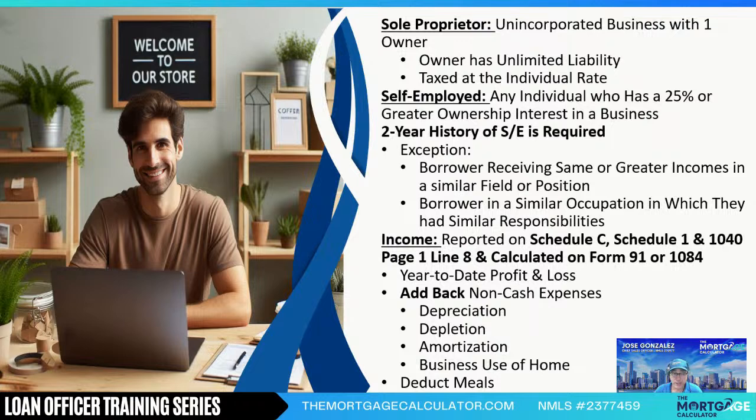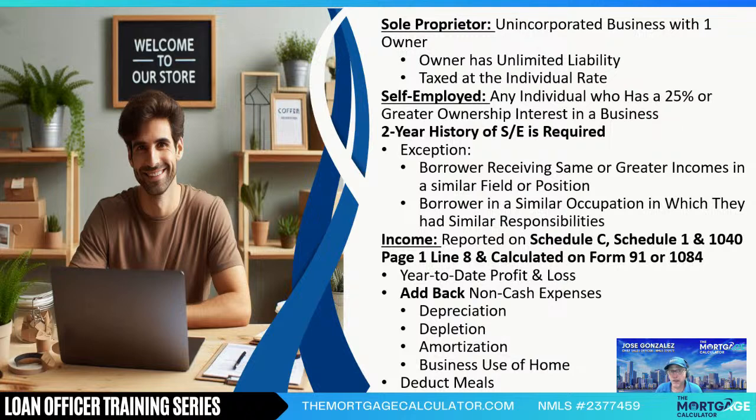Now, here is where we really break it down regarding the income. Please note that for a sole proprietor, the only place where the income is going to be reported, if they're an actual sole proprietor and not a partnership or anything like that, is going to be on the Schedule C. Remember, the Schedule C would be found in their personal tax return, which is the 1040.